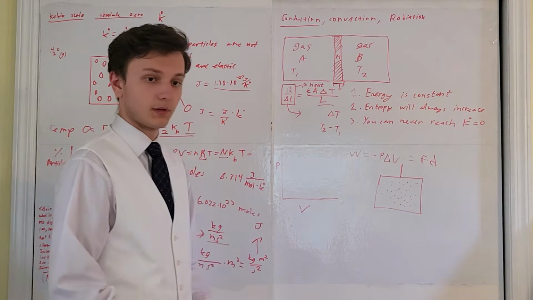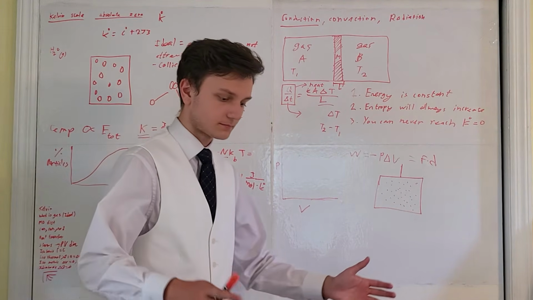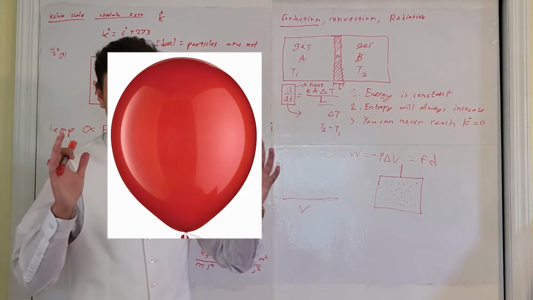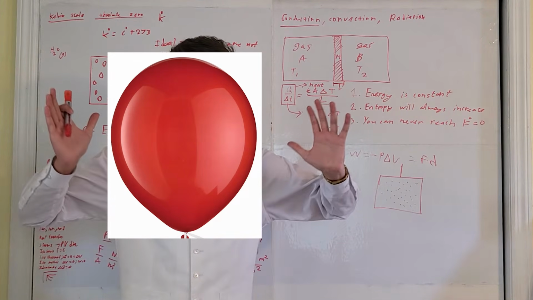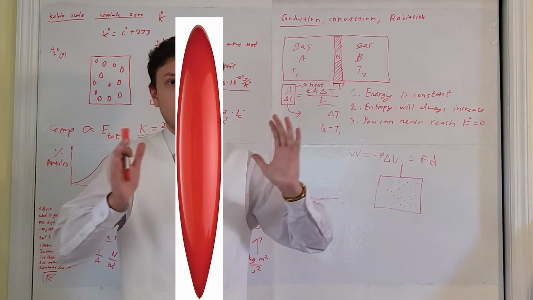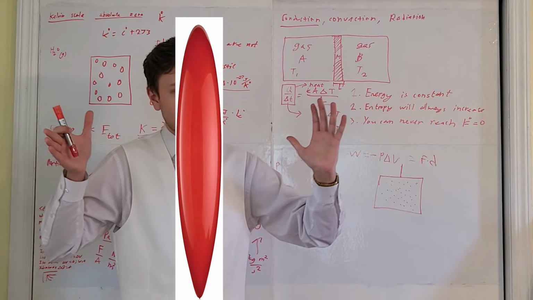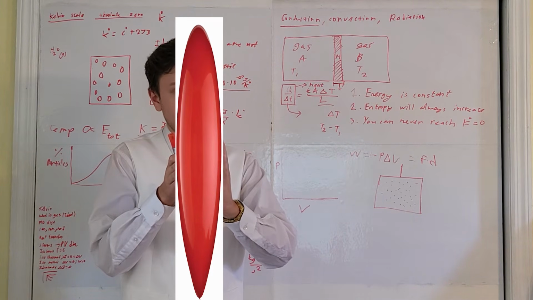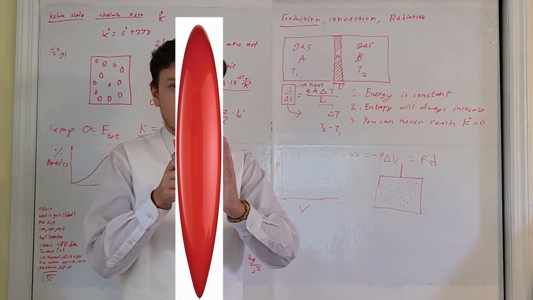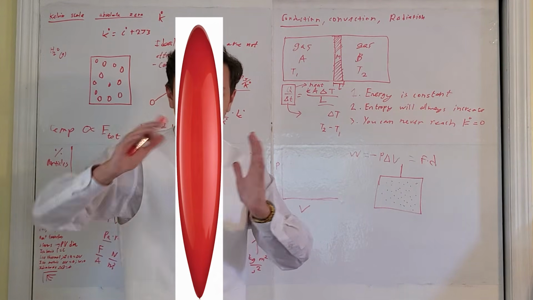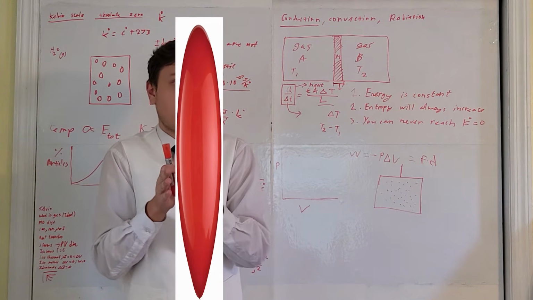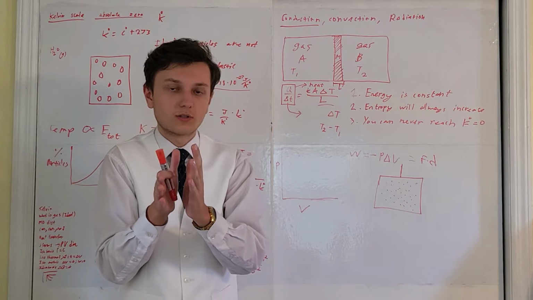Let me give you an example of a balloon, okay? If I have a balloon in my hands and I try to push the balloon, the balloon is going to get compressed where my hands are pushing it, and then on the other sides, up here and down here and all around, the balloon is going to expand outward. It's going to get squished, okay?